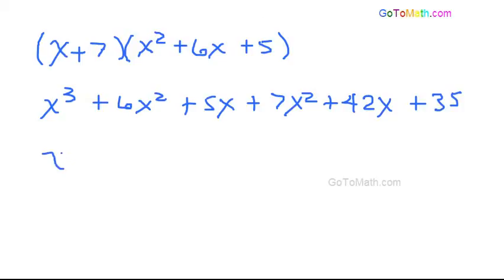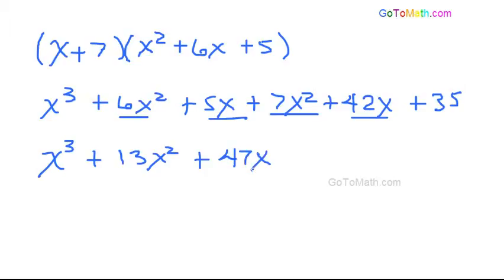Right, and then, of course, we're writing this in standard form. We're going to start with x cubed. So collect up our like terms. We've got 6x squared plus 7x squared, and that's going to be 13x squared. And then we have 5x and 42x, and that's going to end up being 47x. And then, of course, our only constant term is 35. Okay?